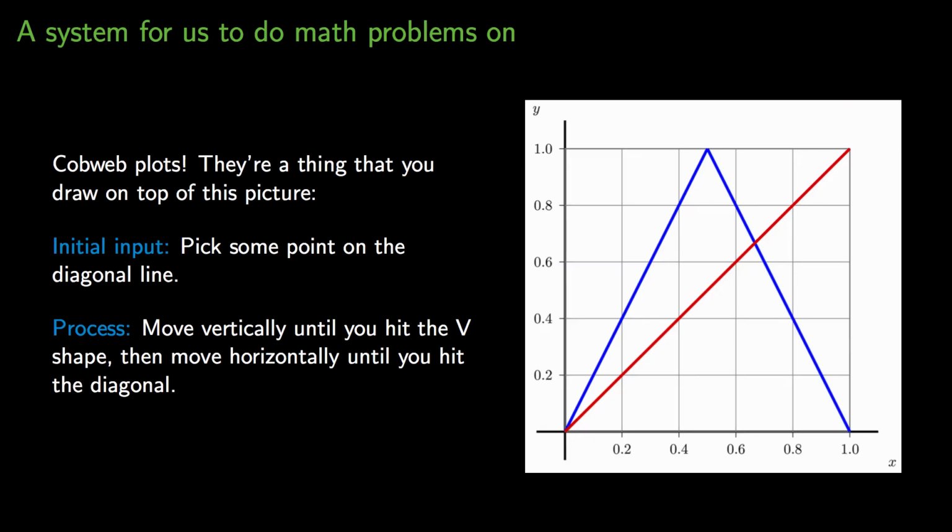Here's a different kind of system that we can do math problems on that actually does show chaos, which is pretty cool. The initial input is where you pick some point on that red diagonal line, any point that you like. So you only get to make that one choice. And then the process is a two-step process again. You move vertical to the V and horizontal to the diagonal.